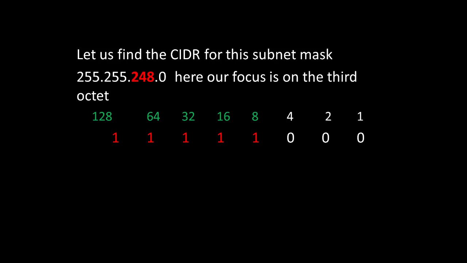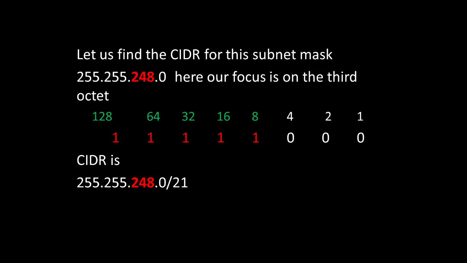Remember that in our subnet mask, 255.255, the first 2 octets are all turned on. That means 8 bits, 8 bits. In the third octet we have 5 bits turned on. So our CIDR is going to be /21, because it is 8 bits in the first octet plus 8 bits in the second octet, plus 5 bits in the third octet. 8 plus 8 is 16, plus 1, 2, 3, 4, 5: 17, 18, 19, 20, 21.